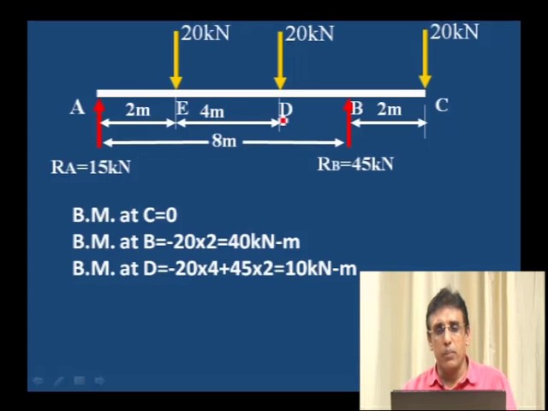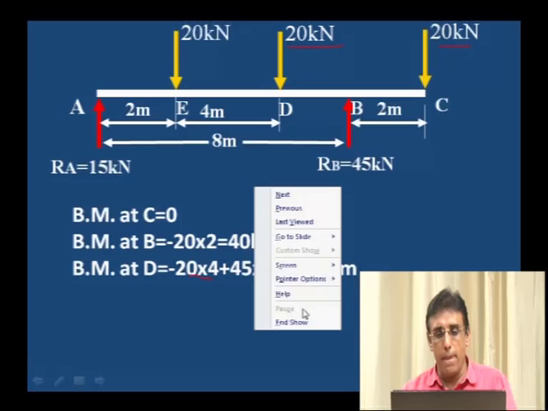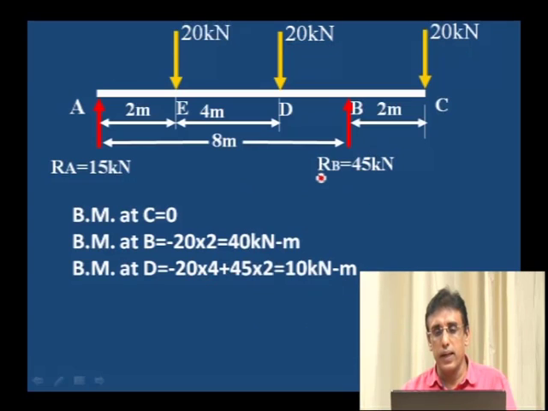Here the balance D to B is 2 meter, 2 plus 2, 4 meter. 4 meter is the distance of the 20 kilonewton load from C to D. This 20 kilonewton load and the distance is 4 meter from D to C. 20 into 4, and then the reaction into distance from D to B. Reaction is 45 and the distance from D to B is 2 meter. 45 into 2 is plus because it is an anti-clockwise moment, and minus 20 into 4 is the clockwise moment. Therefore, bending moment at D is equal to 10 kilonewton meter.